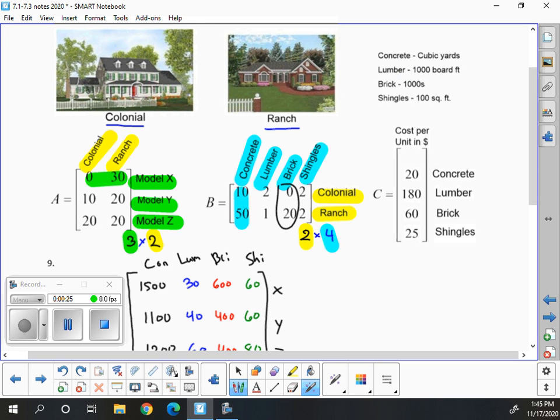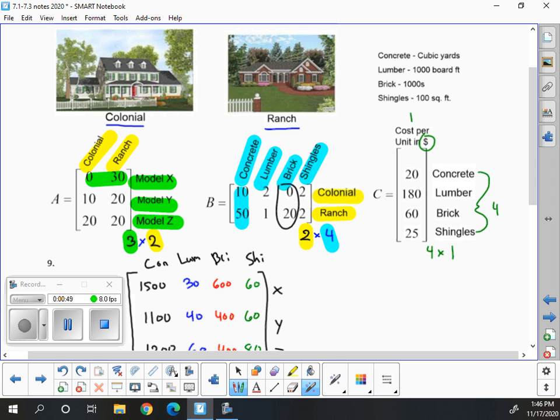All right. Now this last matrix we are looking at is cost. Notice that we have 4 things here that we're looking at in terms of the rows, but there's only 1 column, right? So these are our 4 rows, and this cost in dollars, this is our 1 column.